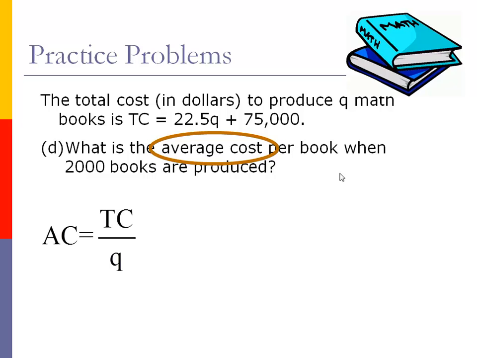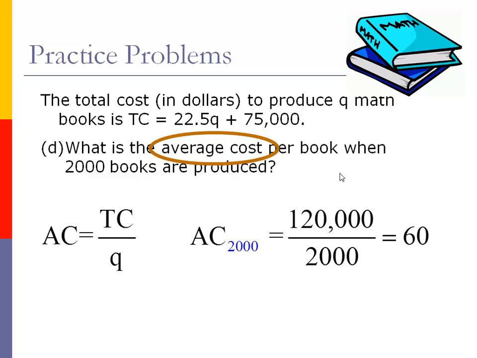If I want to know my average cost for 2,000, basically I'm taking my total cost for 2,000, which we just calculated, so that's where you're seeing 120,000. Where did I get that? I just remembered that from the previous slide that our total cost for 2,000 units was 120,000. And then I put my production level, my quantity, downstairs at 2,000, and I get 60. So my average cost when producing 2,000 books is $60 per book.